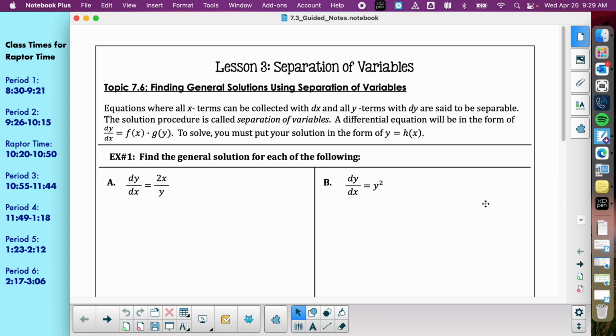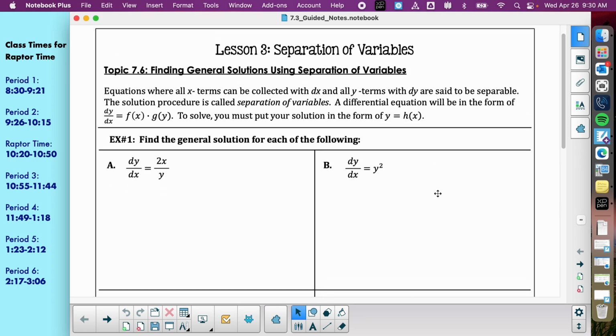Yeah, so separation of variables is just a method for finding general solutions. And for the most part, it's just making sure that you write things correctly when you integrate. The overall picture is no different than anything we've done.